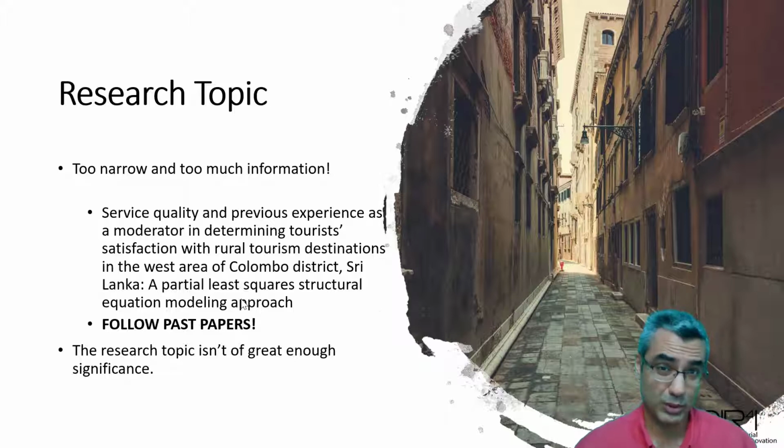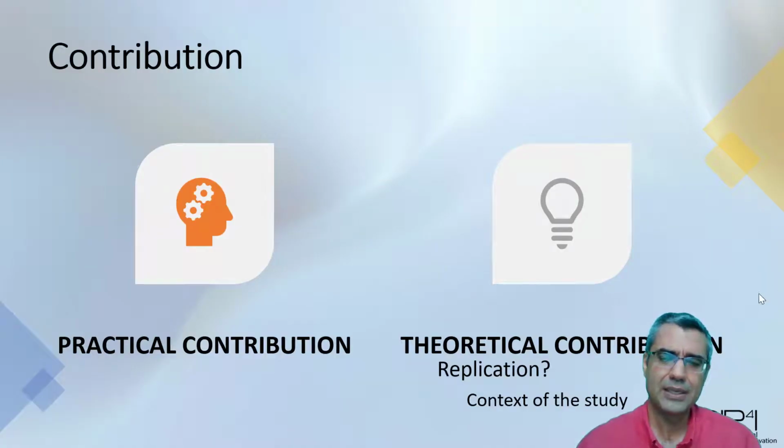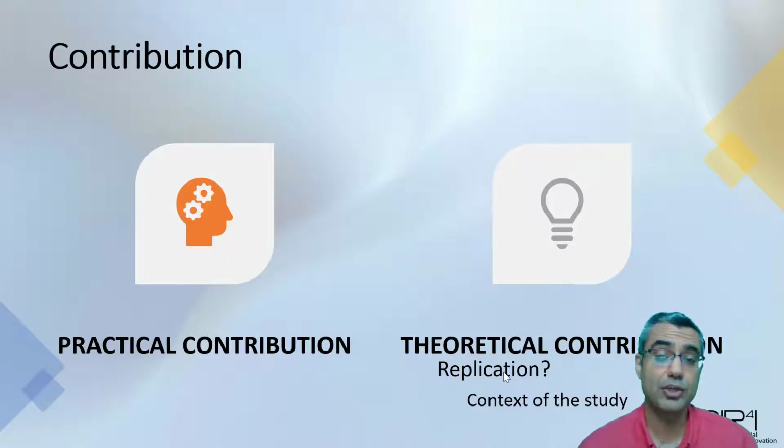If you want to do one more study, you should have a very strong justification. And unfortunately, based on what I have seen, in most cases, they just mention that there is no previous study, let's say here, in the west area of Colombo district, Sri Lanka. It means replication. Can we replicate past studies?